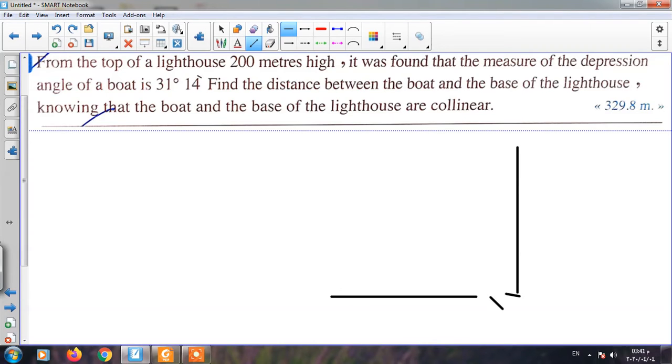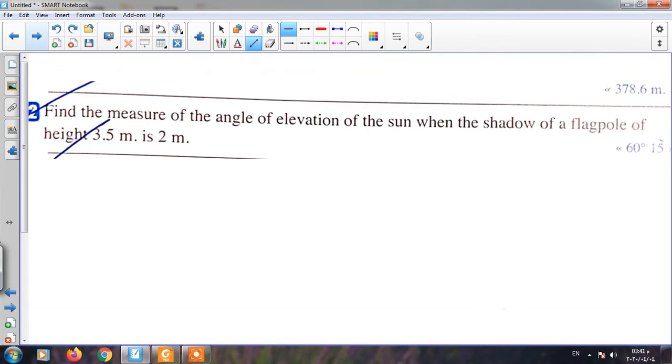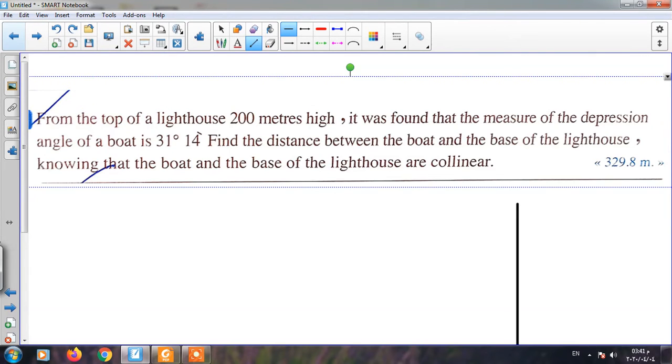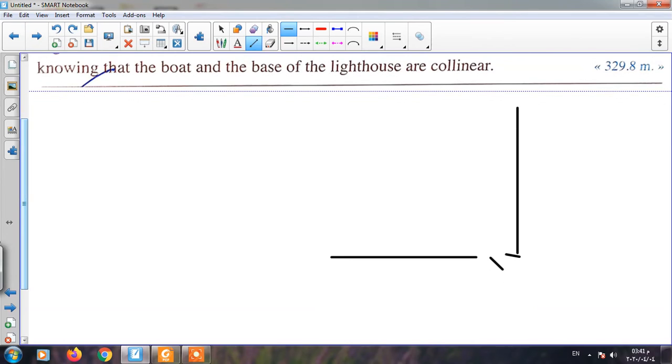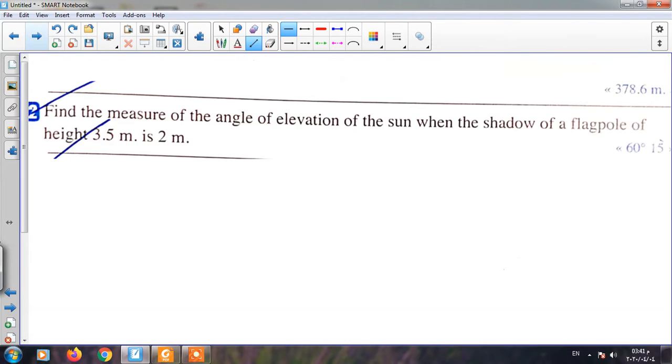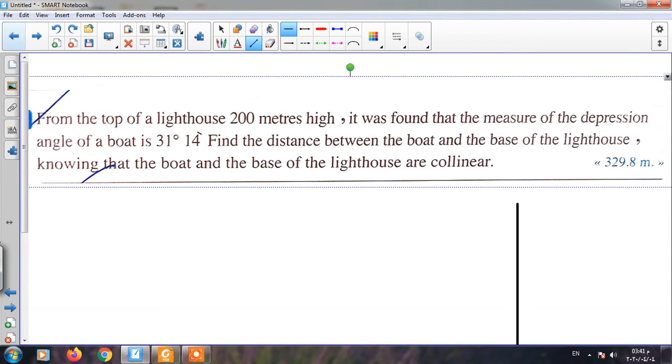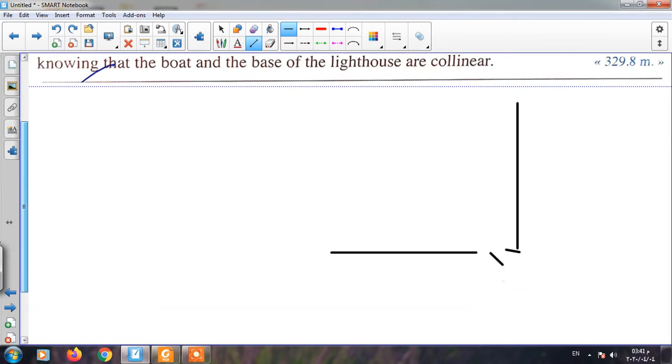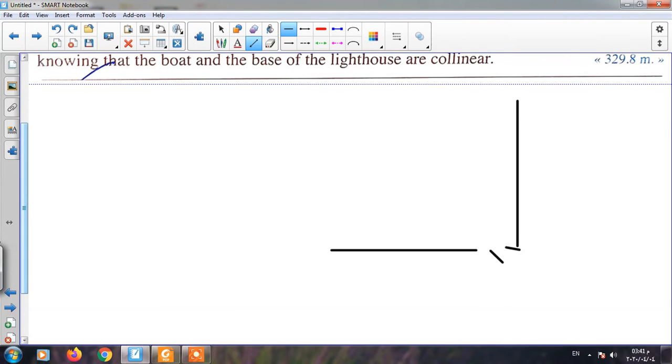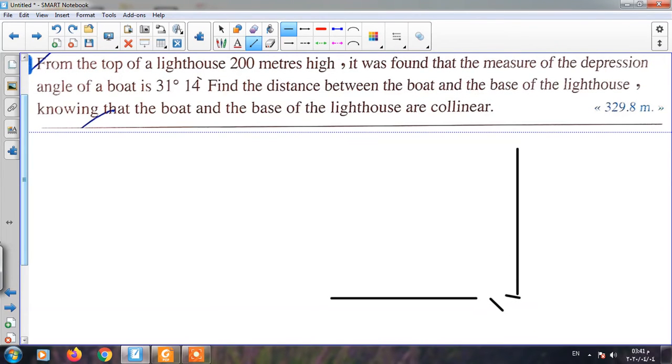And start to draw your lighthouse. Your lighthouse is 200 meters high.